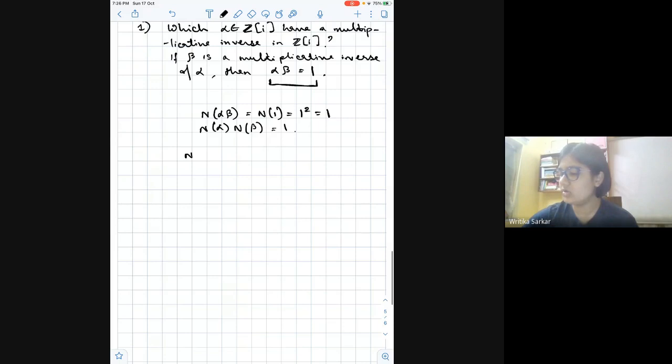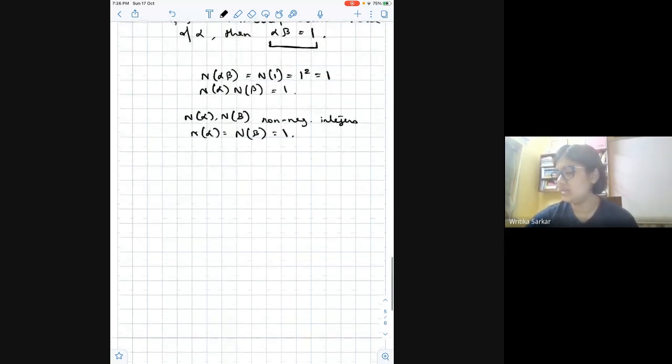Now, the norm of alpha and the norm of beta are both non-negative integers. So it follows that the norm of alpha is equal to the norm of beta is equal to 1. That's the only possibility.